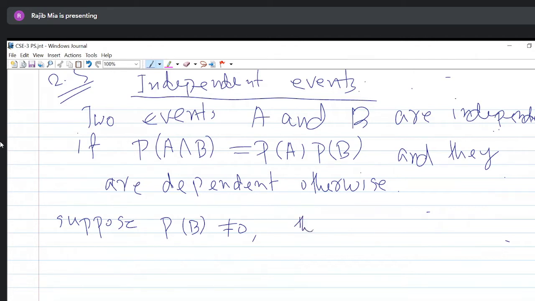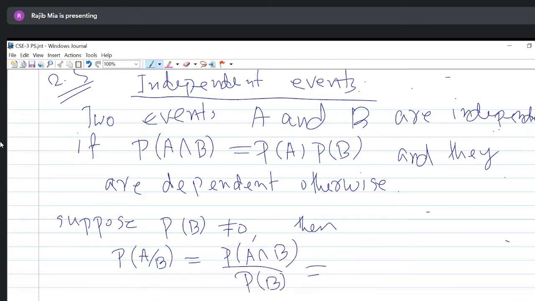Then suppose you want to calculate the probability of A given B. We assume that A and B are independent and probability of B is not equal to 0. Then from the definition of conditional probability, probability of A given B equals probability of A intersection B divided by probability of B, right?